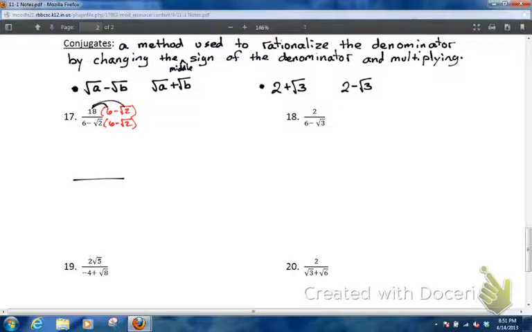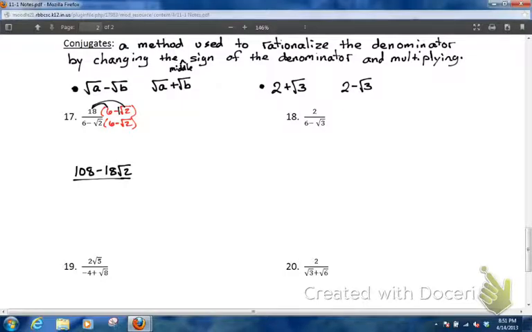You're distributing this 18. 18 times 6 is 108, so I have 108. And then 18 times negative root 2 is just negative 18 root 2. Again, because thinking of negative root 2 as negative 1 root 2, it's really just 18 times negative 1.